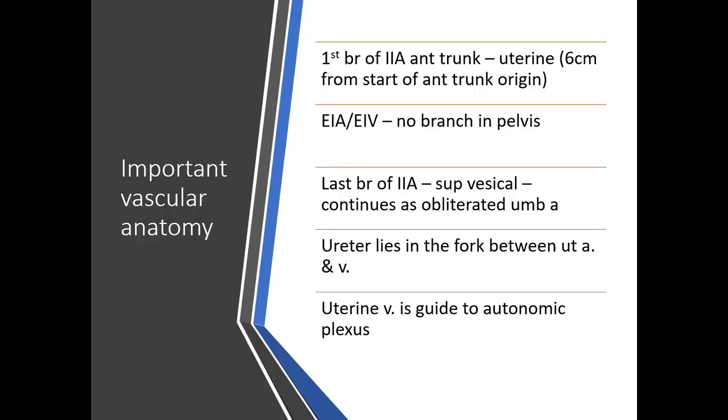Now, some important points about this anatomy. Number 1, the first important medial branch of the internal iliac artery anterior trunk is the uterine, okay? And it almost branches off 5 to 6 centimeters from the origin of the internal iliac artery.